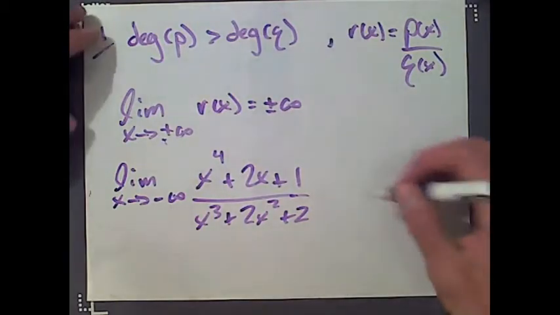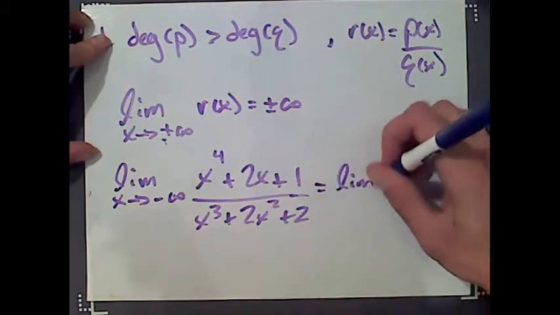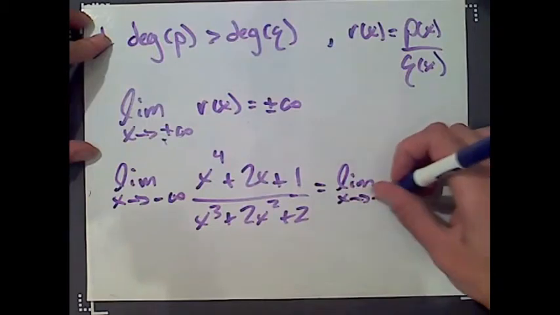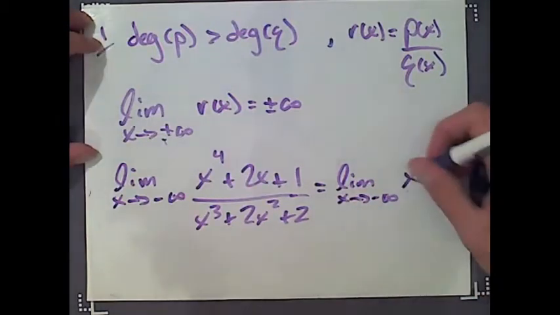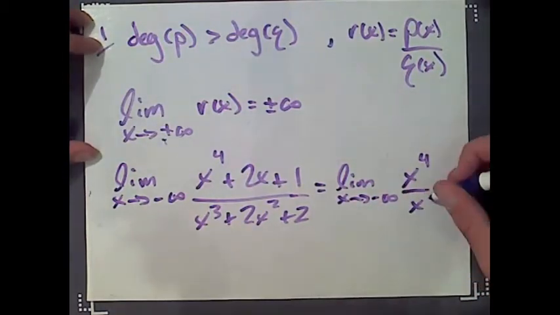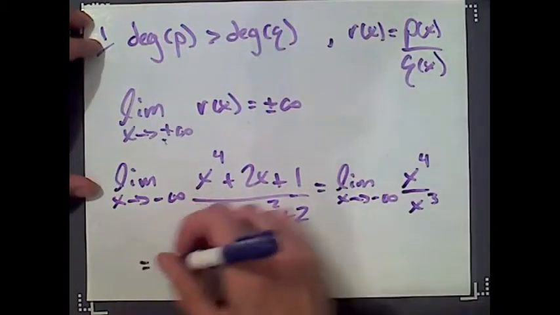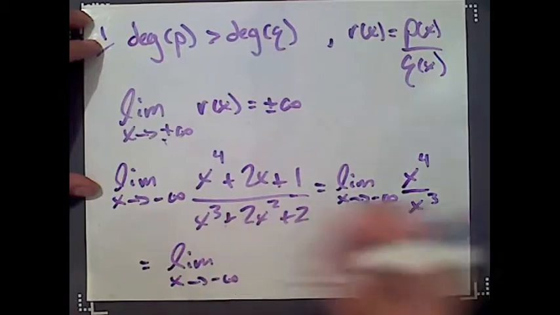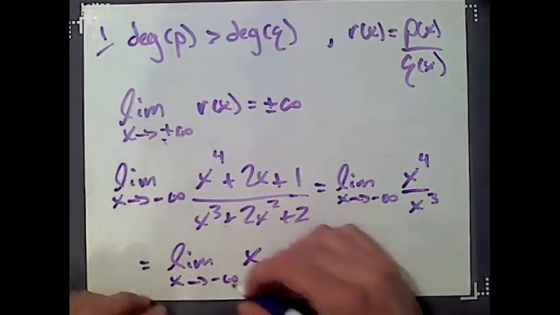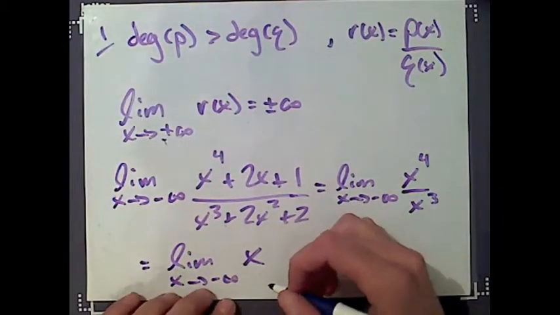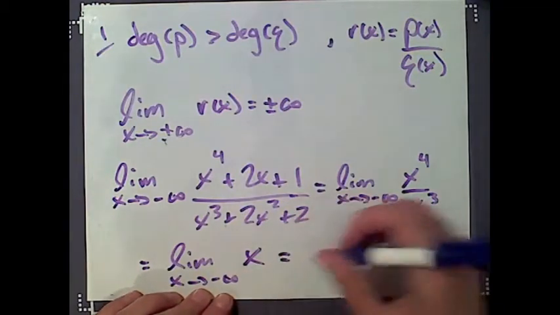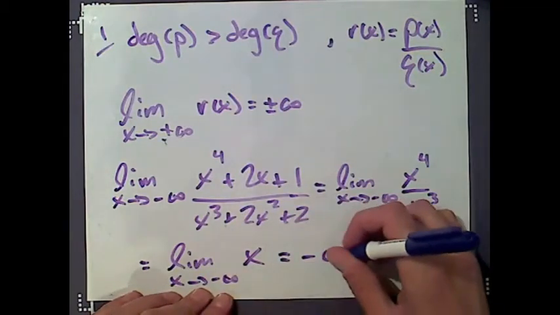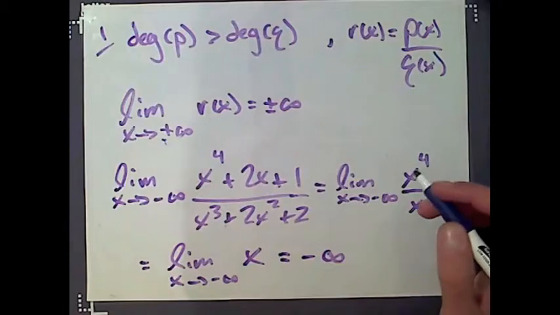So again, we take the quotient of the leading terms, x to the 4 over x cubed. Canceling common factors of x, we're left with just x. Now x is going to negative infinity, so the limit should be negative infinity. And that's case number 1.